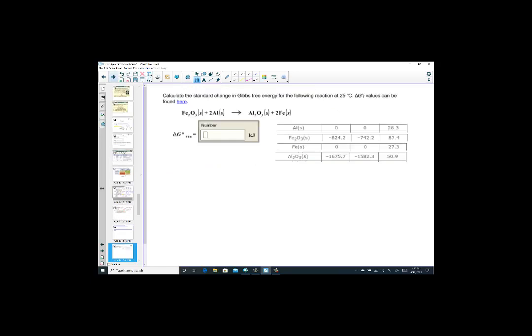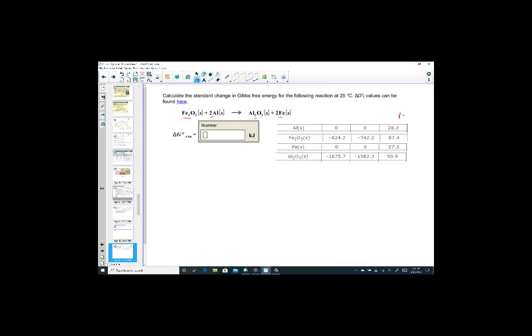We've done several of these last chapter with enthalpy, and now again in this chapter with entropy and introducing Gibbs free energy. Here we have a reaction, looks like a single replacement reaction. Iron(III) oxide in the solid state is reacting with elemental aluminum, forming aluminum oxide and releasing the elemental form of iron.